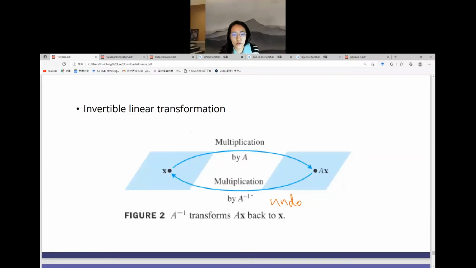Whenever you multiply by A inverse, we undo what has been done.